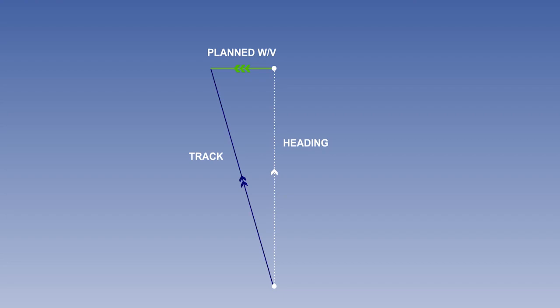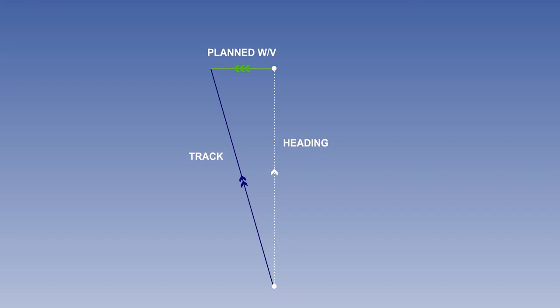The heading of an aircraft is defined as the direction in which the aircraft is pointing. Track is the path over the ground. If there were no wind, then the aircraft heading would be the same as the aircraft track. However, if there is any crosswind, as there usually is, we need to point the aircraft into wind when we try to follow a track.